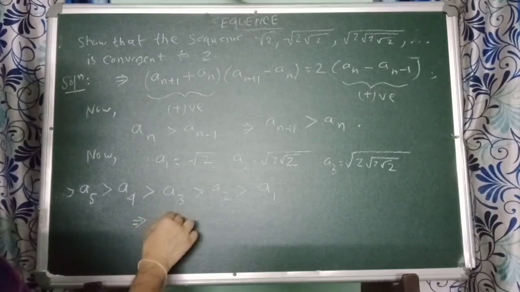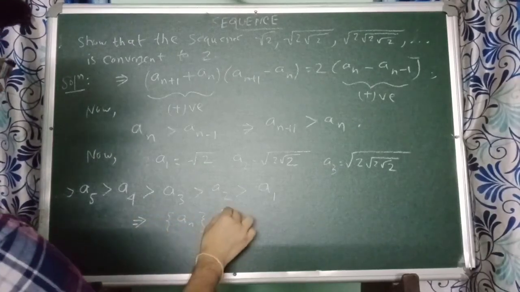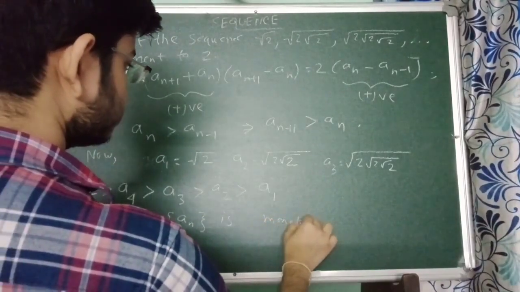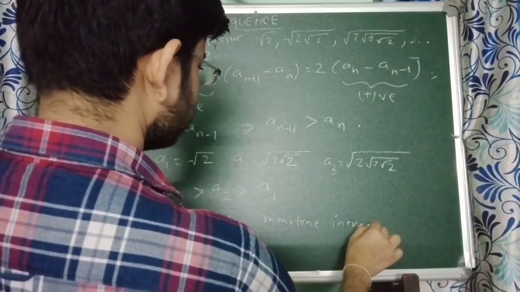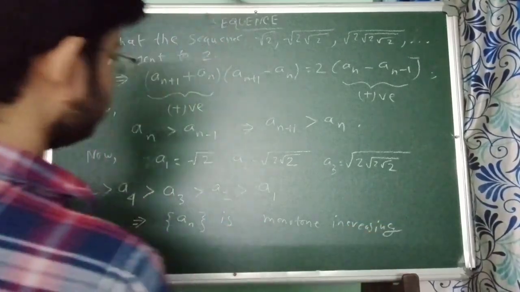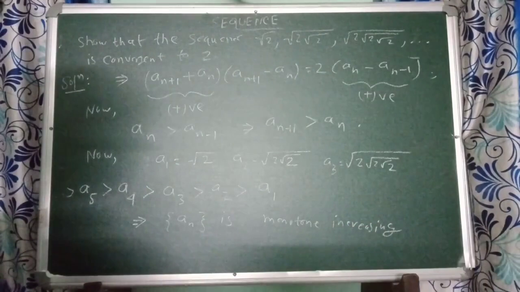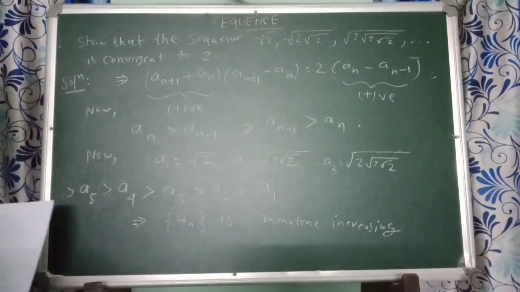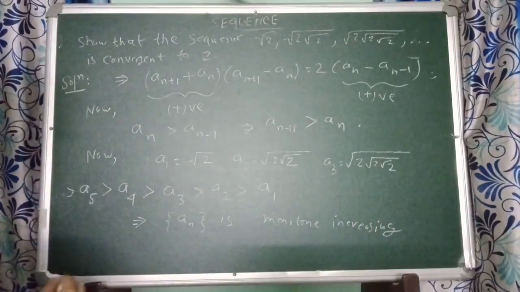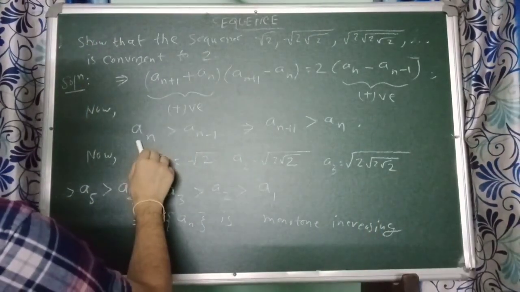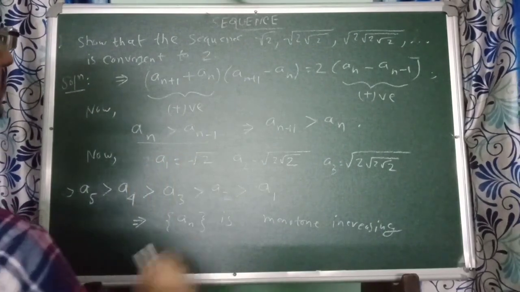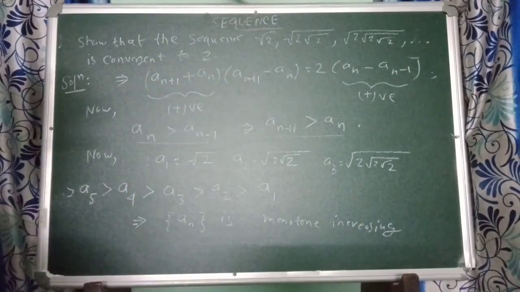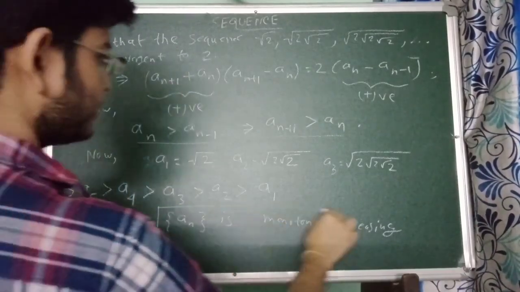This shows that the sequence a_n is monotone increasing. Rather, we can say that this is strictly increasing also. So the original sequence is monotone increasing. This is the first part.